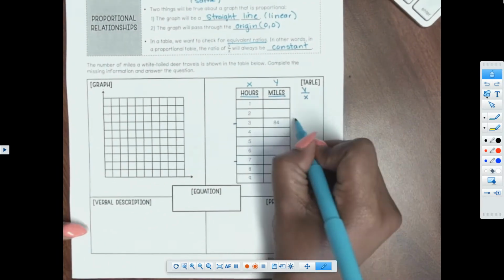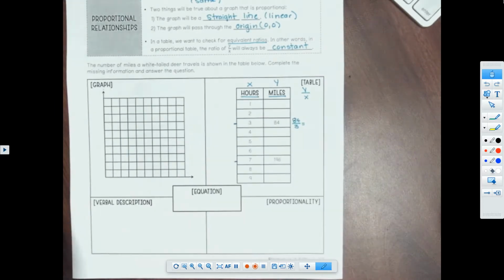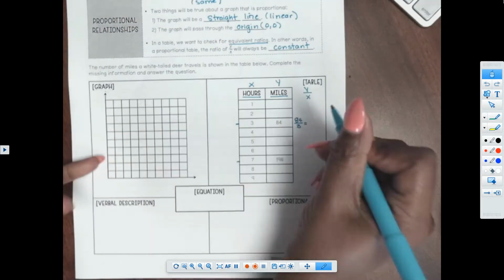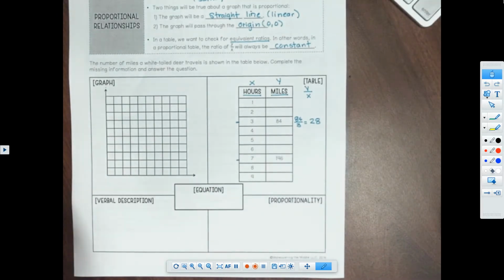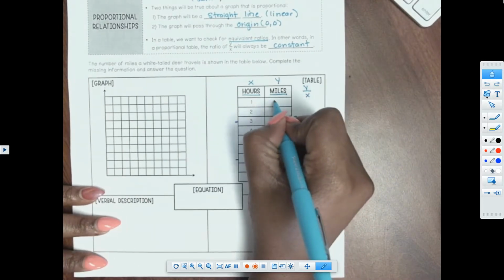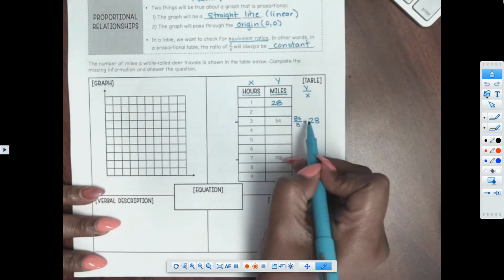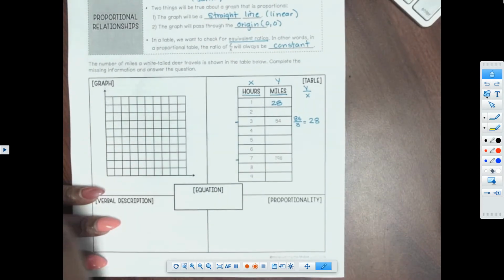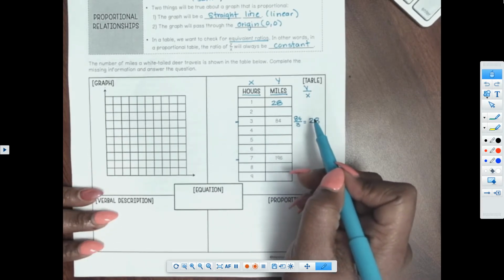So when we divide 84 by 3, we put that into the calculator and we get 28. So what is that telling me? That's telling me that for 1 hour, the deer travels 28 miles. So this is my K. This is when we found our unit rate, 28.